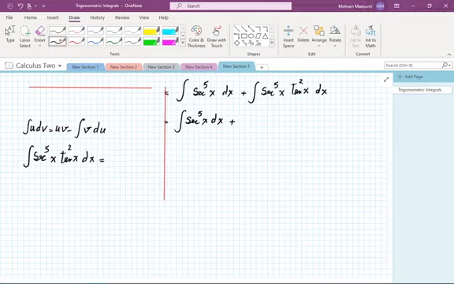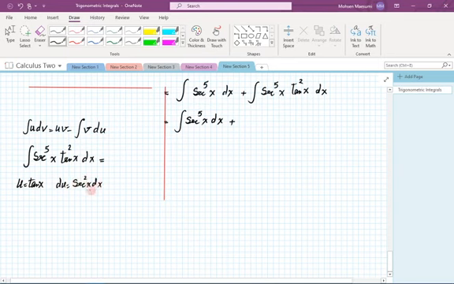So we said that we are going to take u to be tangent of x. So du is going to be, of course, secant squared of x dx. Well, dv is supposed to be whatever is left, which in this case is secant to the power of 5 of x dx. Now the question is, what is v?